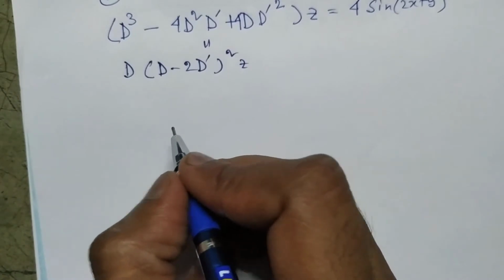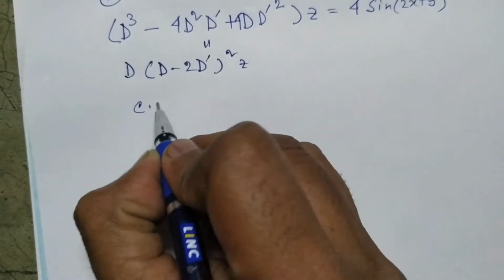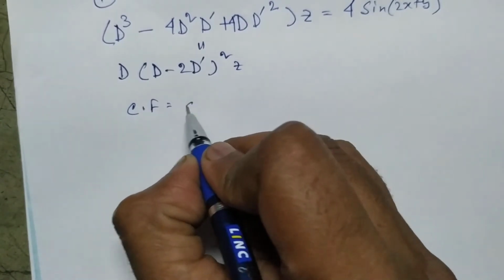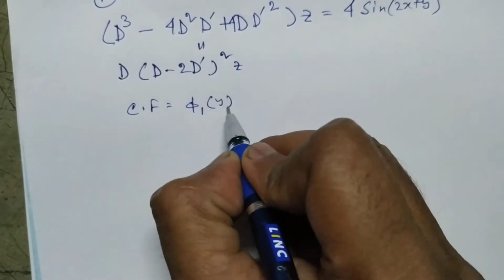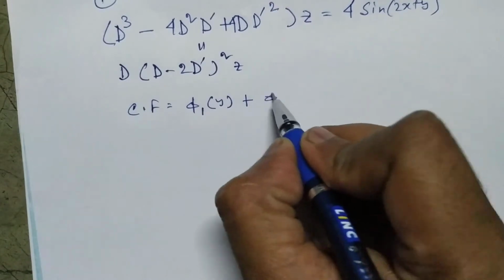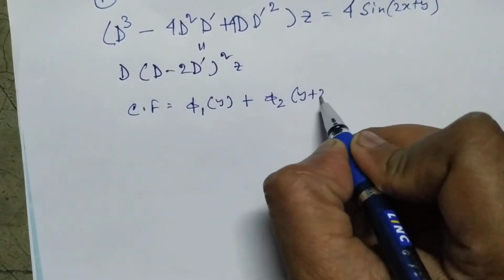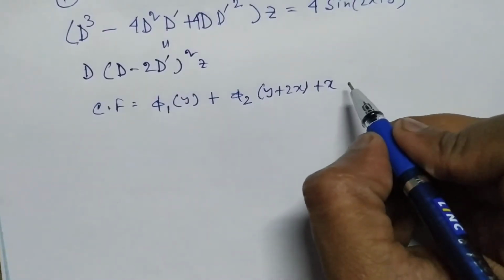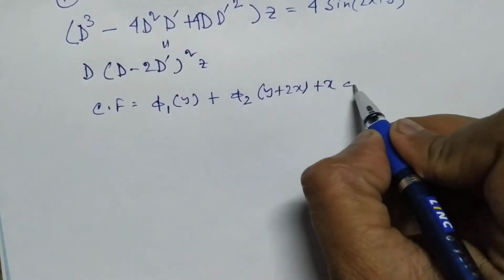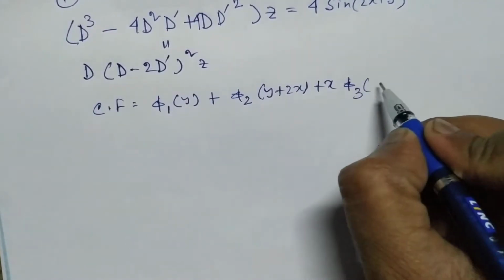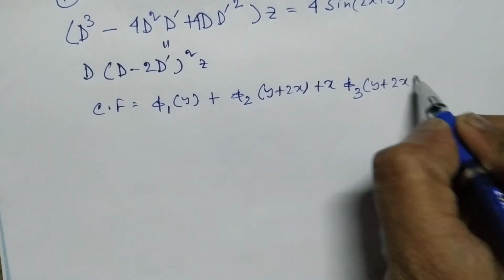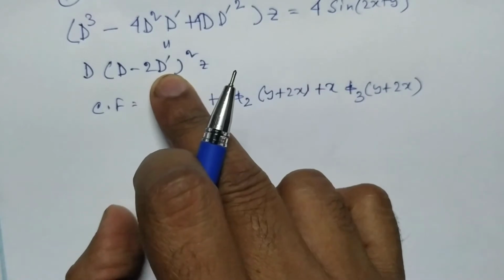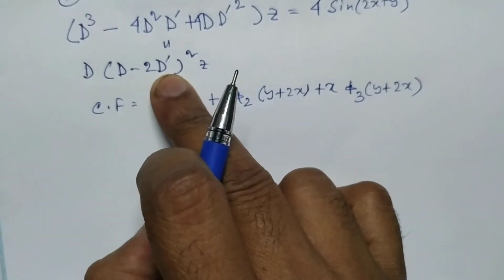So the complementary function, as we have seen beforehand, will be a function of y plus 2x, plus x multiplied with another function of y plus 2x, because there is a multiplicity of occurrence of D minus 2D'.